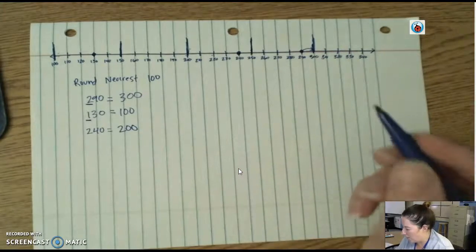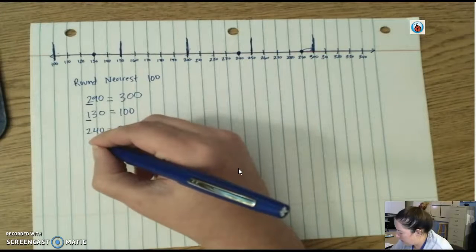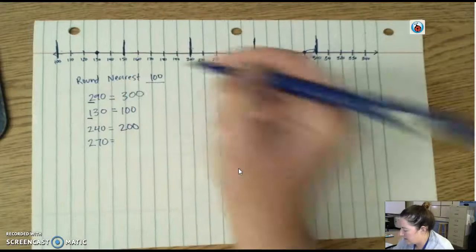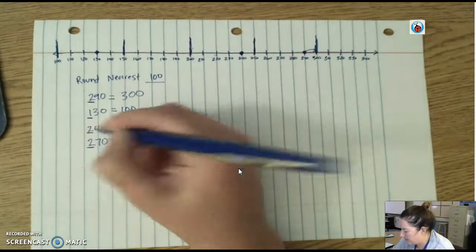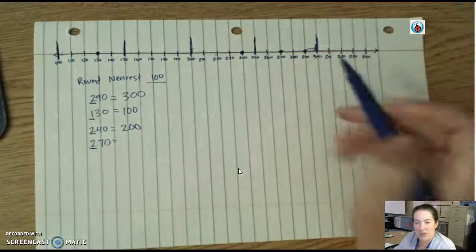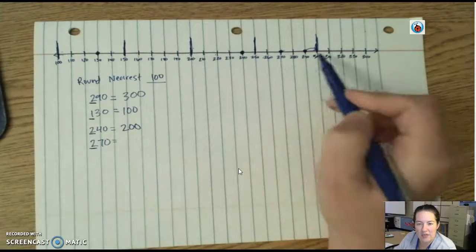Let's try one more. So let's say I gave you the number 270. We're still rounding here to the nearest 100, this place value. So 270, I'll mark it right here. Is 270 more than half or less than half of our hundreds?